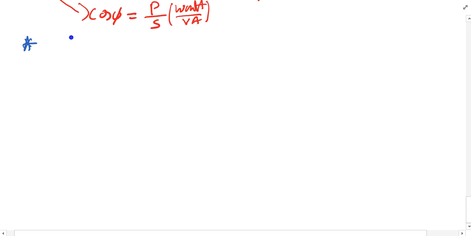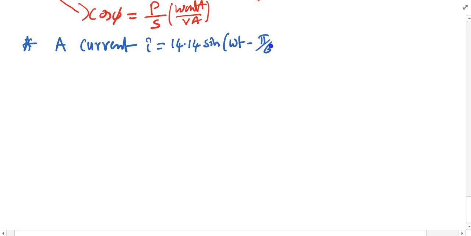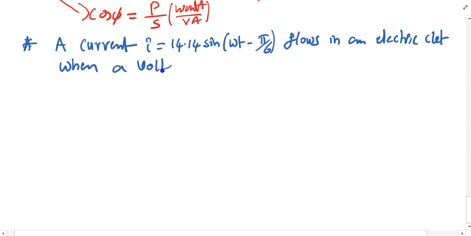So let us take the numerical. A current i, the value is 14.14 sin(ωt − π/6), flows in an electric circuit when a voltage v equal to 141.4 sin ωt is applied.